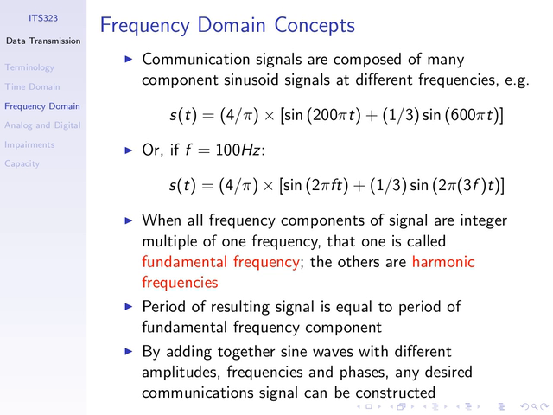Looking at our example here, ignoring the multiplier 4 divided by pi at the front, just briefly, signal A. What's the peak amplitude for signal A?